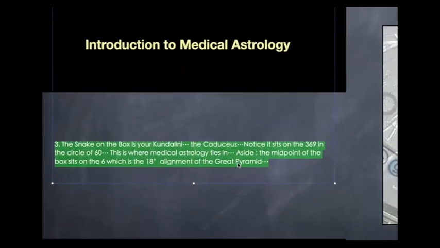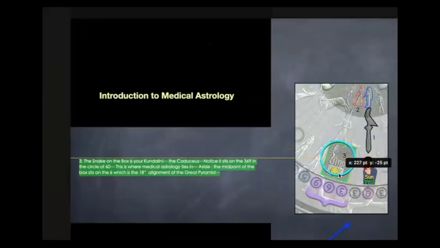The snake on the box is your kundalini, the caduceus. So you see the 369, the secret to the universe, in the circle of 60. This is where medical astrology ties in. The midpoint of the box sits on the 6, which is the 18-degree alignment of the Great Pyramids.